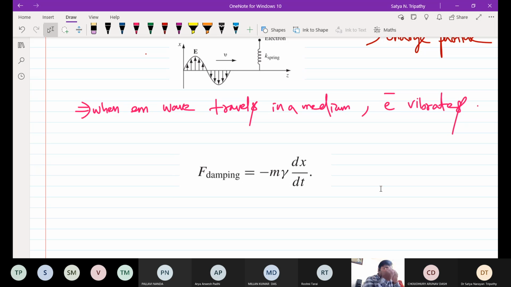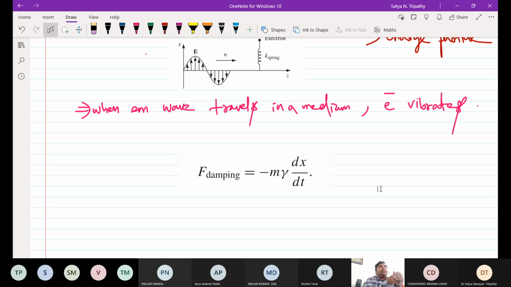Okay. So damping is basically this: the electron is vibrating, right? There are other nearby electrons, so they try to interact with each other, because the electron is not a single electron inside the material. It is connected to a positive charge, to a negative charge, right? It may be valency, it may be open.